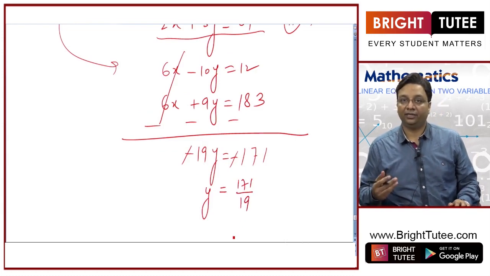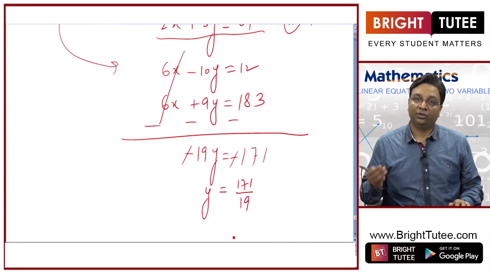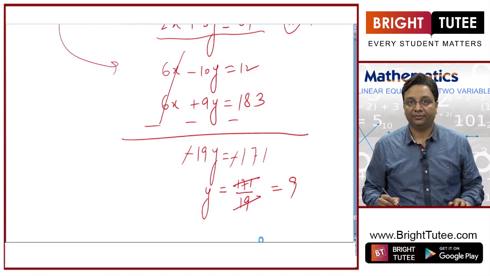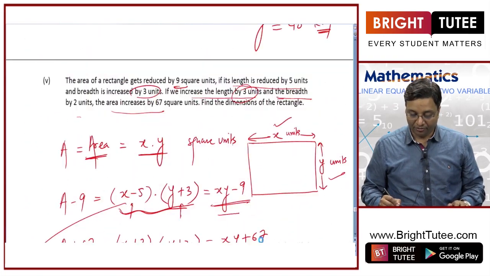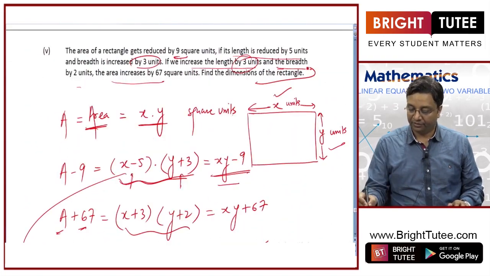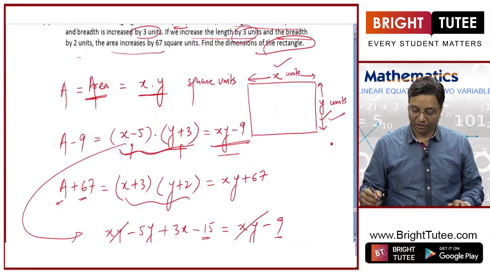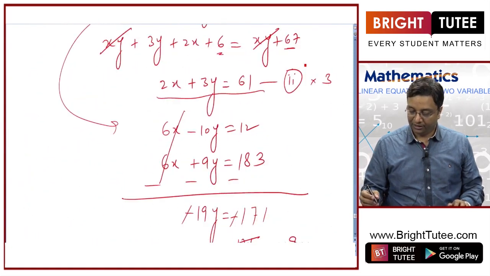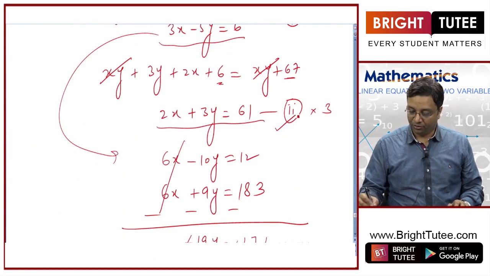Now 19 into 10 is 190. So 19 into 9 is 171. So this will give me 9 here. So y is equal to 9, which gives me one of the dimensions, that is breadth. Now talking about length, that is x, I will put the value of y in equation number 2.